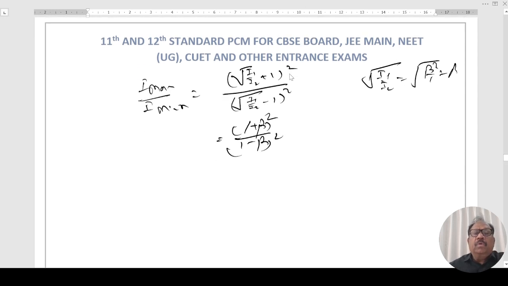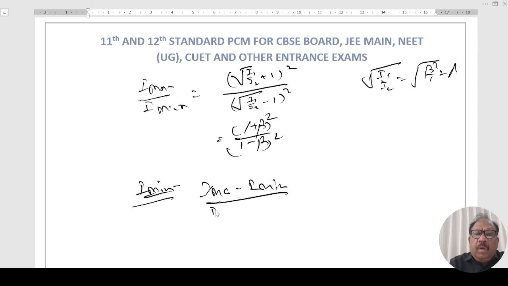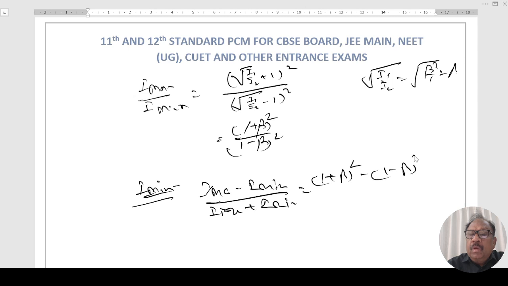We want to find I maximum minus I minimum upon I maximum plus I minimum. That can be written as 1 plus beta whole square minus 1 minus beta whole square divided by 1 plus beta whole square plus 1 minus beta whole square.